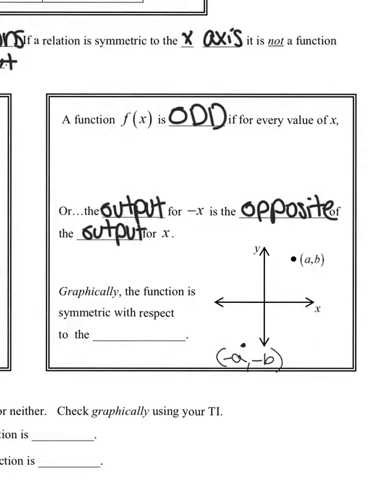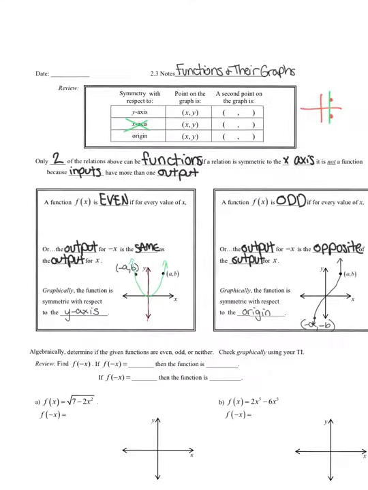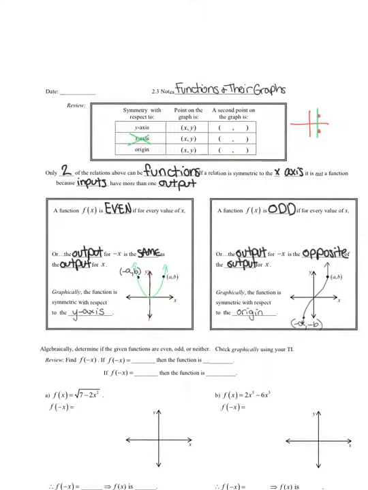Graphically, this function is symmetric with respect to the origin. Odd, origin, both have O's. Graphs that we've seen that look like this might be x cubed graphs, or just lines, etc. So even is a function that has symmetry with respect to the y-axis. Odd is a function that has symmetry with respect to the origin.